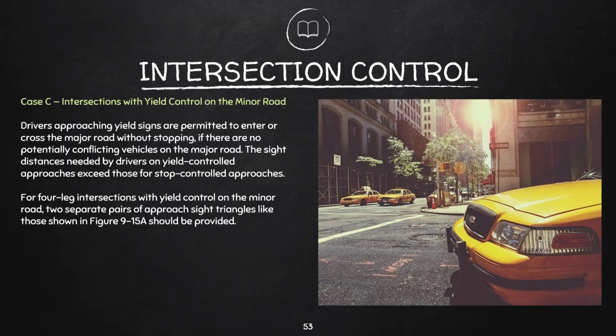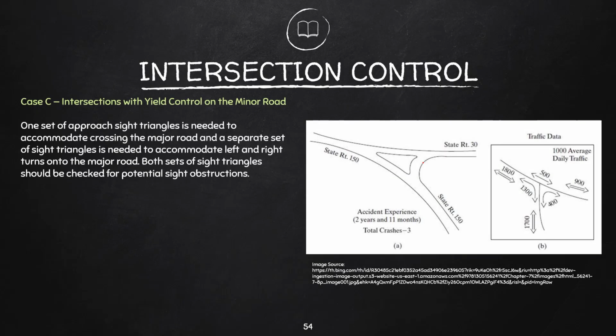So that is for approach sight triangles. One set of approach sight triangles is needed to accommodate crossing the major road, and a separate set of sight triangles is needed to accommodate left and right turns onto the major road. Both sets of sight triangles should be checked for potential sight obstructions.